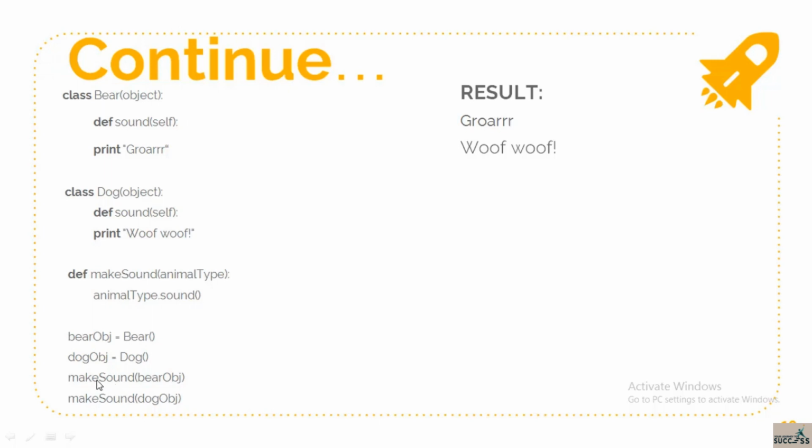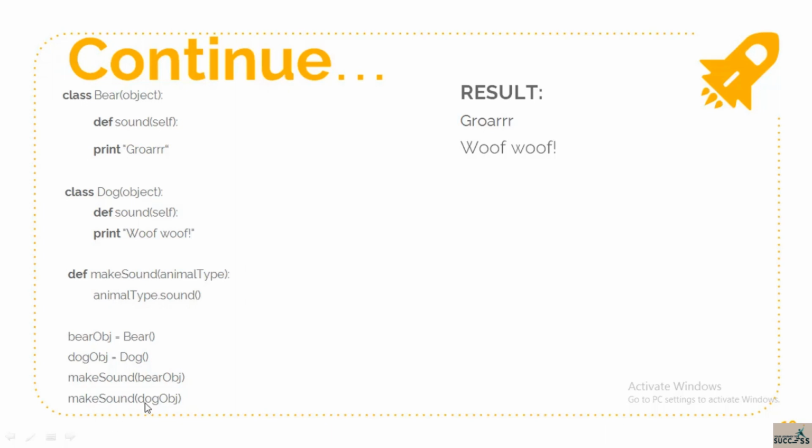So first of all we send the bear object to this function, and it is received here in this parameter animal type, and now since the bear object has the information of only the bear class method, it will call this method sound and will print this out on the console screen.